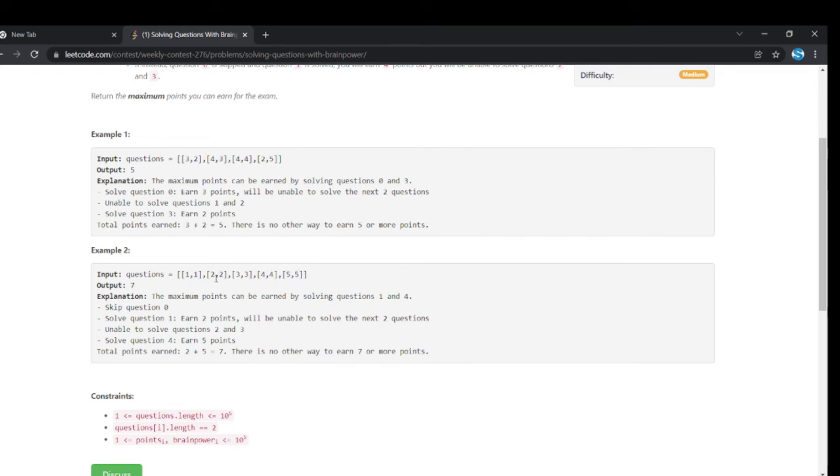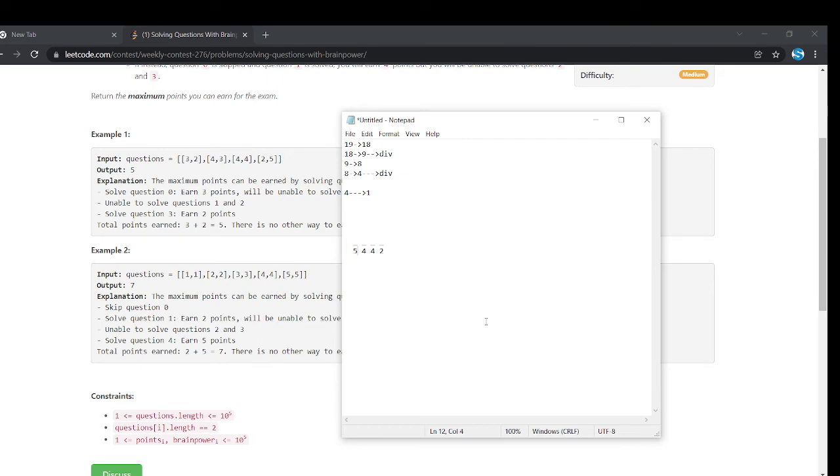So we can consider the current index, which would be 0, 1. It's like the current index plus questions[current index][1], the second parameter, right?